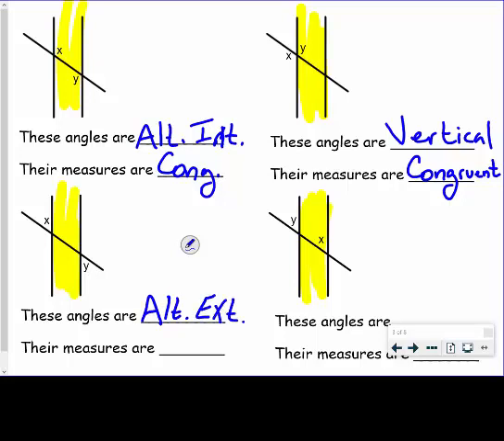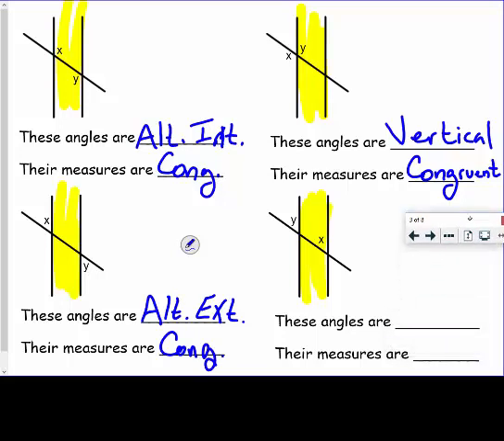And what do we know about them? Congruent. Aaron? Corresponding. And what are they? They are congruent.